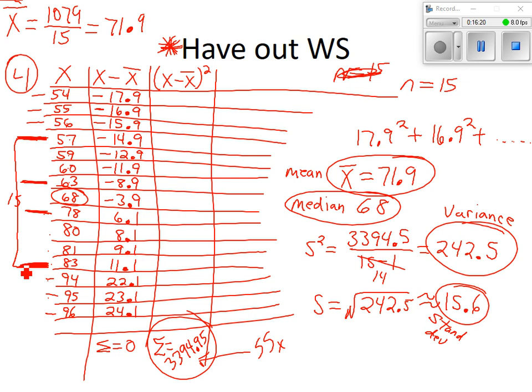So we got 1, 2, 3, 4, 5, 6, 7, 8, 9. We got 9 out of 15. What percentage do we have? About 60%. That's not too far off. So with this small set of data, only 15 numbers, it very well could fit the bell curve. Let's try another one.